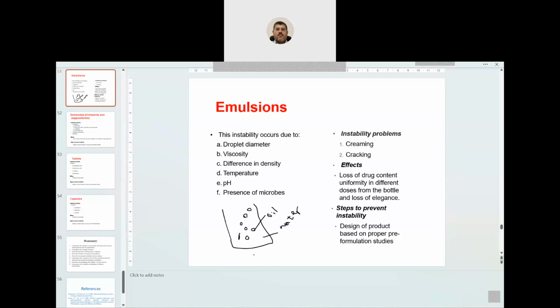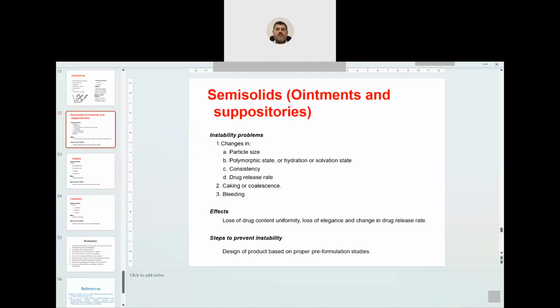We study different factors that may affect the stability of the emulsion, and then we see which blend and which factors are the best. For example, how much should be the appropriate viscosity, how much should be the appropriate pH. Do we need to add antioxidant, for example? There should be preservative also to prevent the growth of microbes and so on.